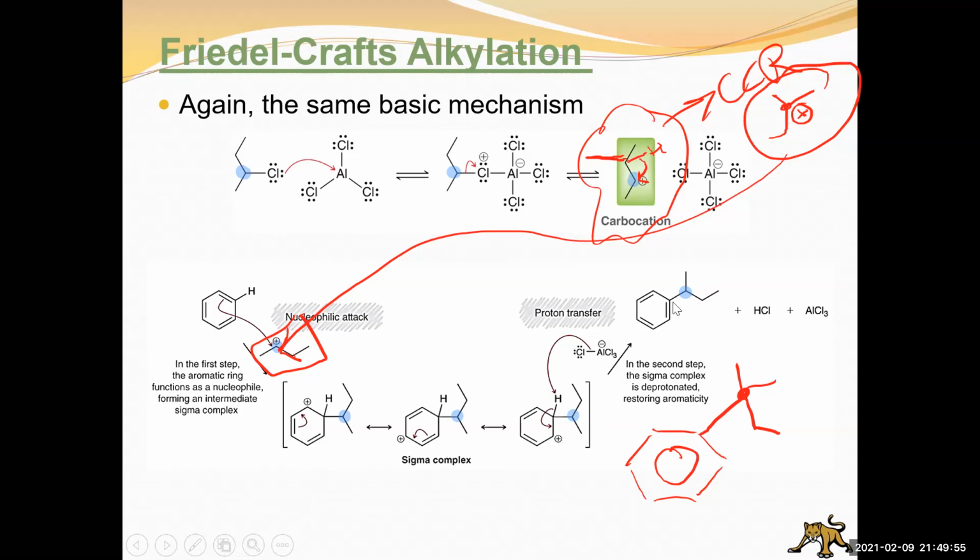So in the original problem, it's attaching here. If it underwent a carbocation rearrangement, like if you had a methyl group there that would make it more stable, then it's going to attach at that location instead.